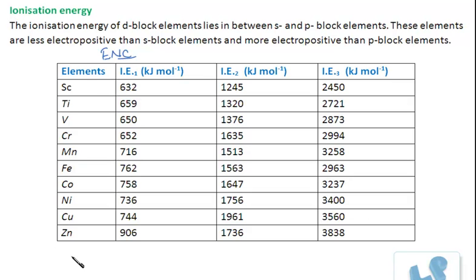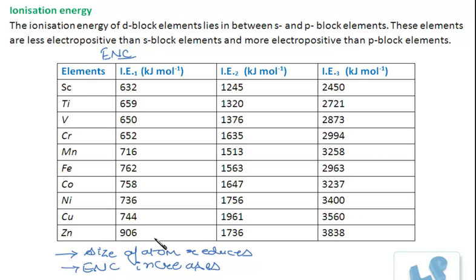We know that across the period in the periodic table, the size of atoms reduces and the effective nuclear charge increases. This is for all the elements.